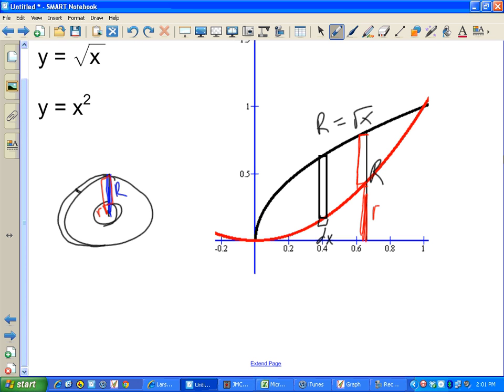So in this case, what we're going to have is the area of the big circle, which is pi times this thing squared, so square root of x squared, minus the area of the little hole, which would be this thing squared.